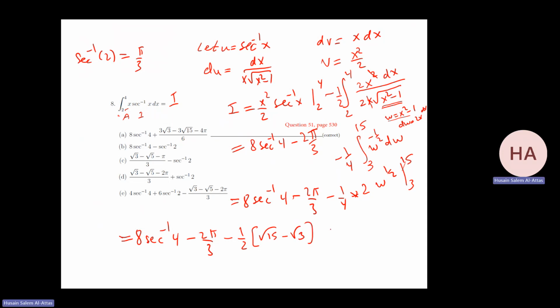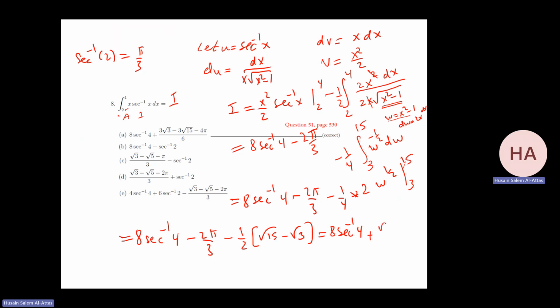So now we want to make this the same expression over 6. Plus over 6. That gives me what? Let me make it as is. Let me make the positive at the beginning.